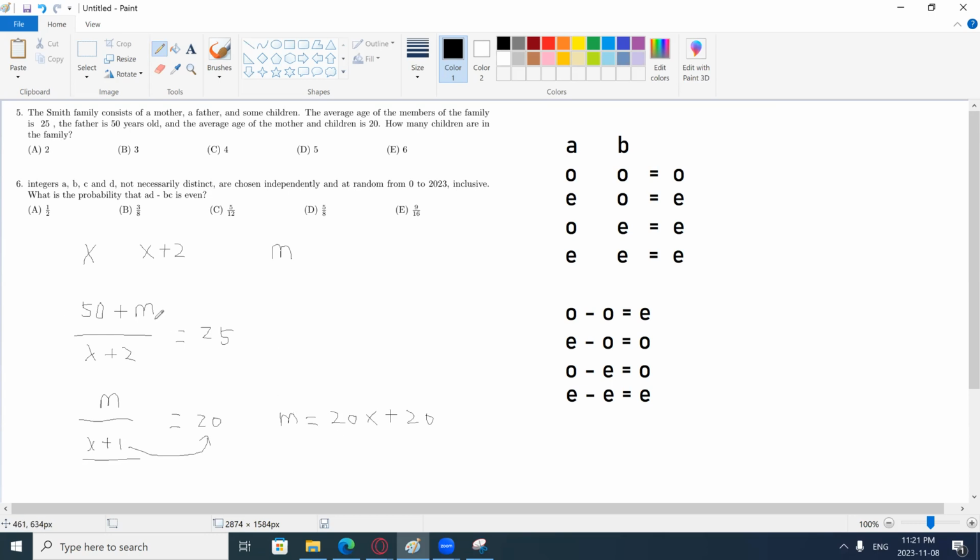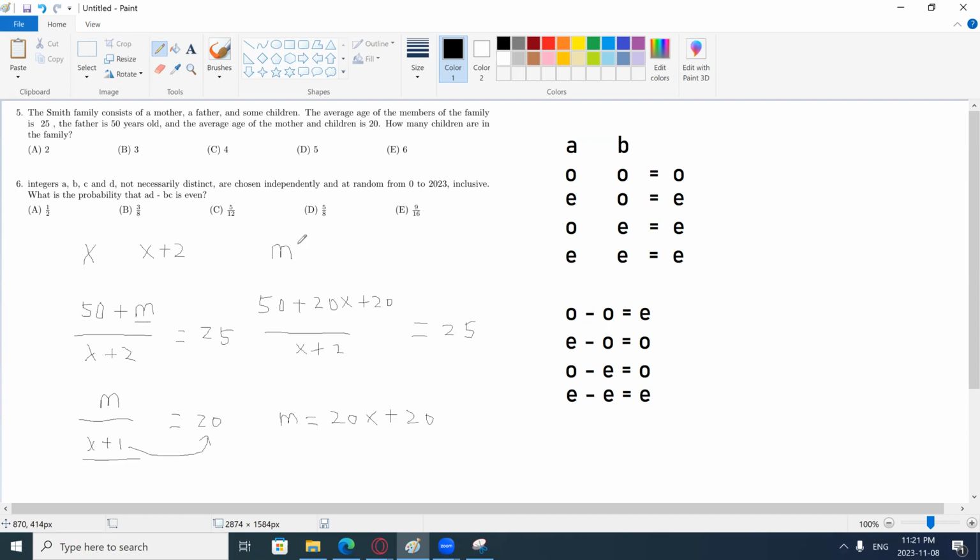So we can substitute this M over here. Our new equation would be 50 plus 20x plus 20 over x plus 2 equals 25.